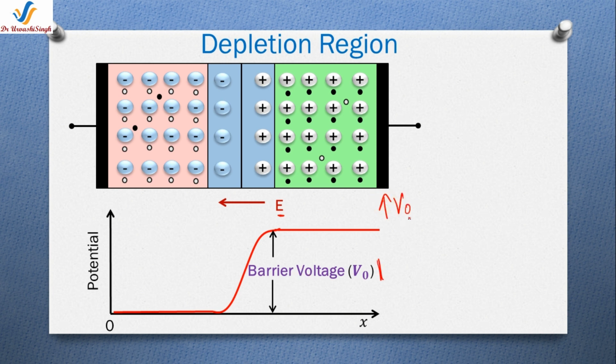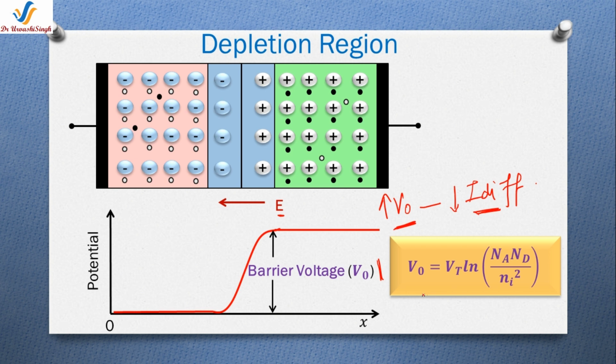The larger the barrier voltage, the smaller the number of carriers that will be able to overcome this barrier, and hence the lower the magnitude of the diffusion current. From this we can conclude that the diffusion current strongly depends on the voltage drop across the depletion region, and this voltage barrier or built-in voltage is given by this equation.